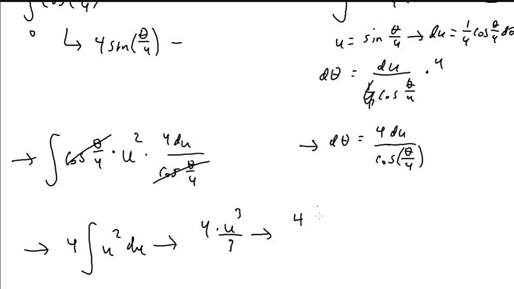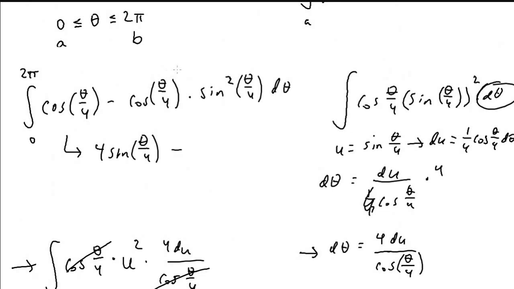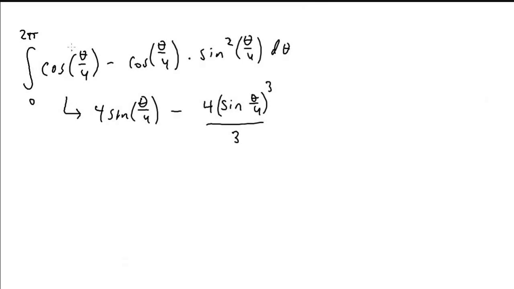So we're going to get 4 times sine of theta over 4, the entire thing cubed, over 3, as the integral of cosine of theta over 4 times sine squared of theta over 4. So once again, the integral of cosine theta over 4 is 4 sine theta over 4, and the integral of cosine theta over 4 times sine squared theta over 4 is, now that we have evaluated it, 4 sine theta over 4 cubed over 3.